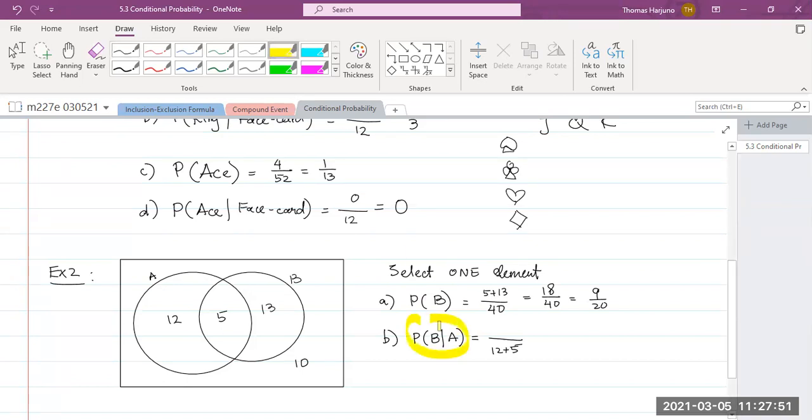So this notation means what? It means instead of selecting from the whole deck or the whole Venn diagram, you only select from those in A. So that's why we have 17 on the denominator. Now of these in A, how many of them are in B?